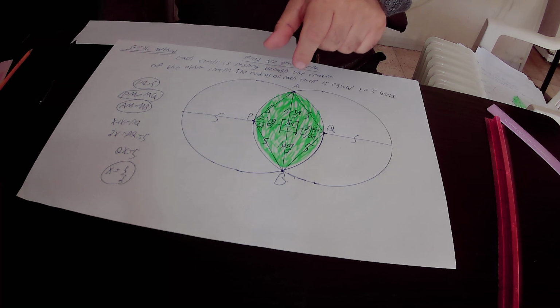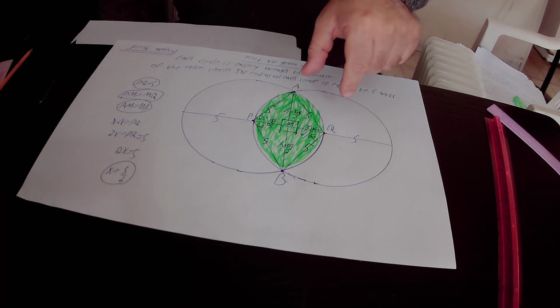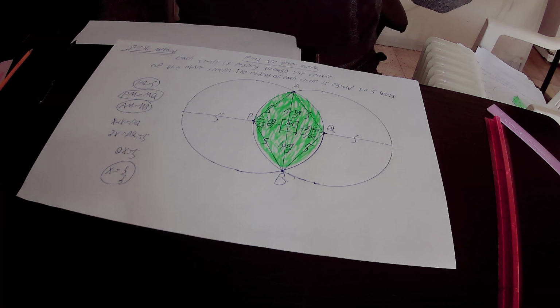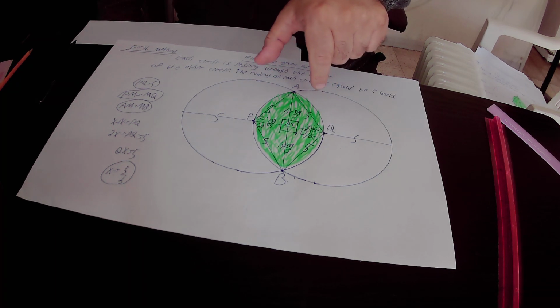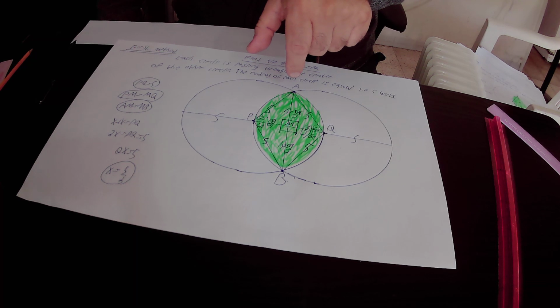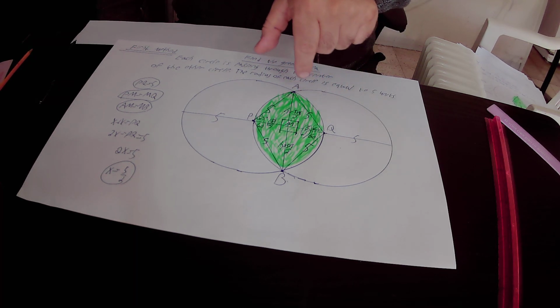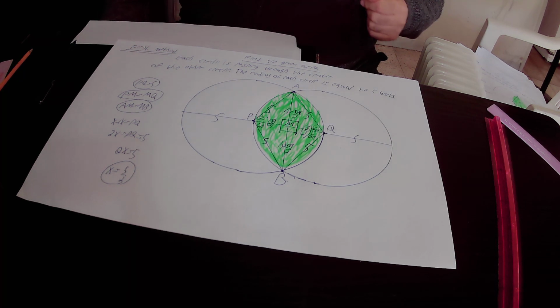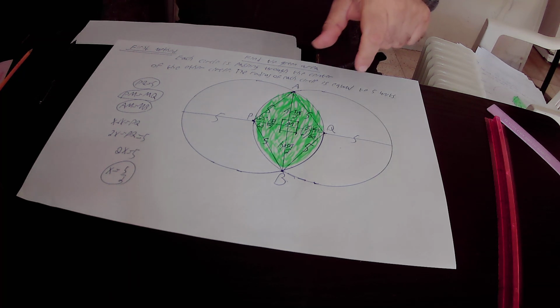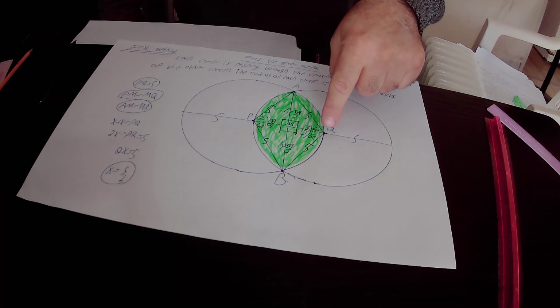Because PM equals MQ, we will define PM as X, therefore MQ will also equal X. So PQ will be equal to PM plus MQ, that is X plus X. But PQ equals 5 units because it is the radius of this circle.